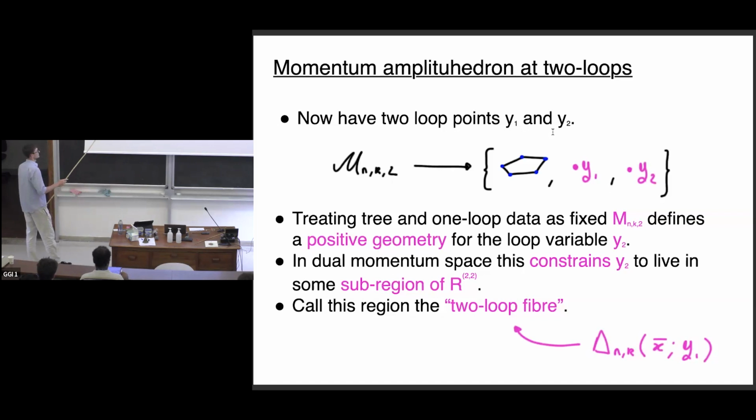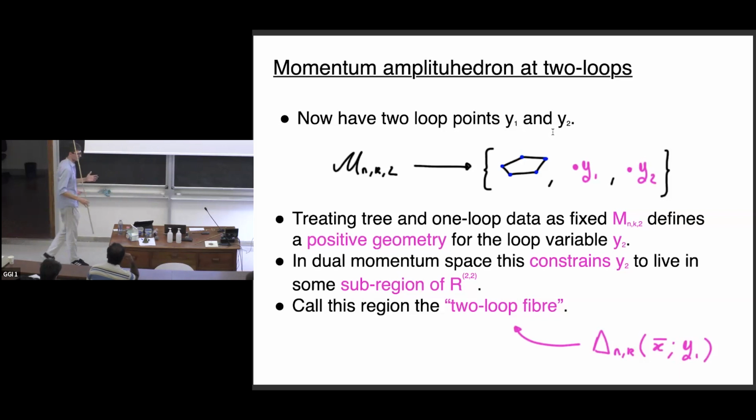Then the 2 loop amplituhedron will define some positive geometry for the second loop variable Y2. I translate this into R2,2. This will give me some region in which Y2 can live. Now this will depend on X, but it will also depend on Y1.